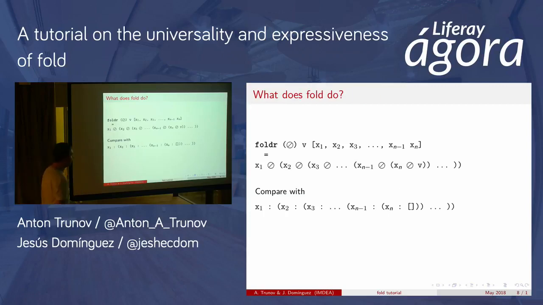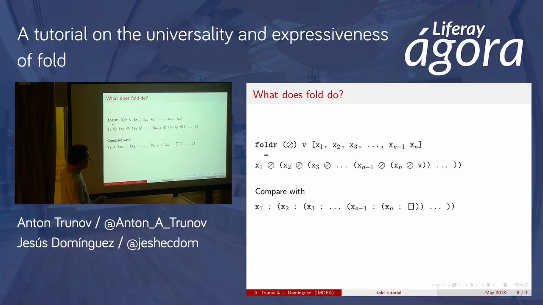Let me go into this graphical representation. So fold r, this is f, right? I use this screw symbol for reasons that will be clear later. Okay, so we have some list of length n. Here I just listed all its elements.